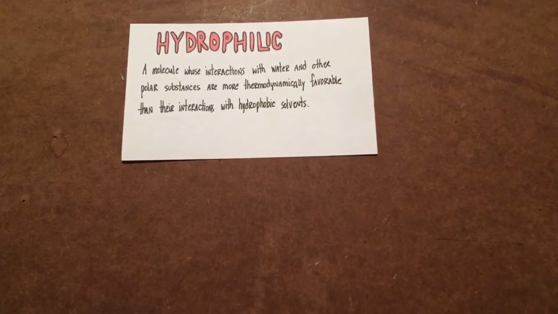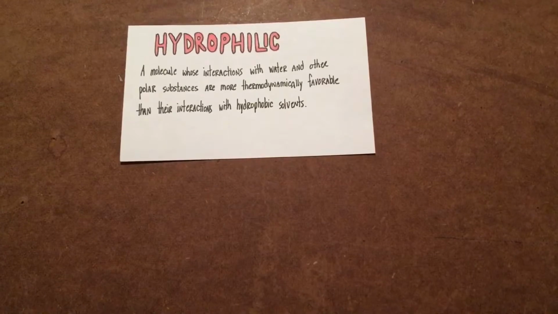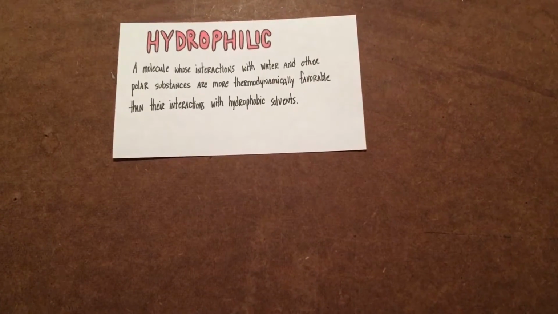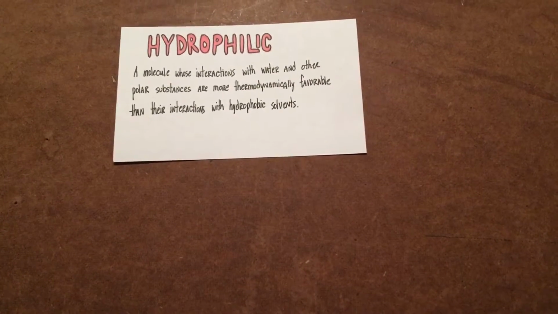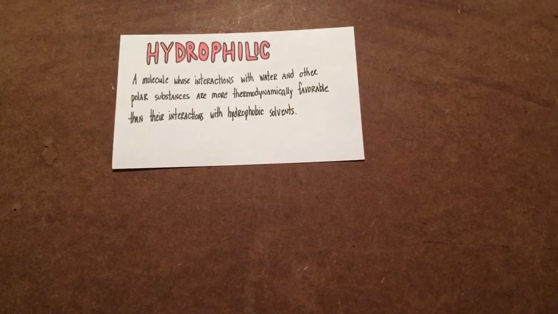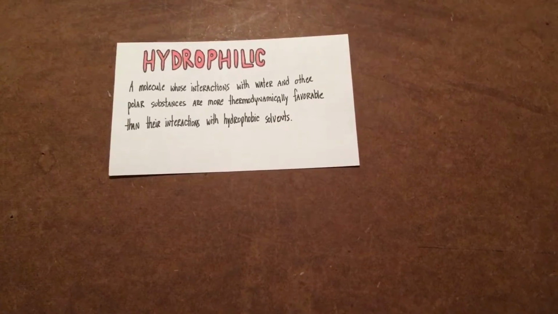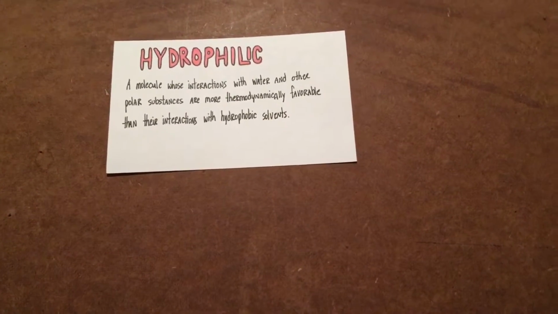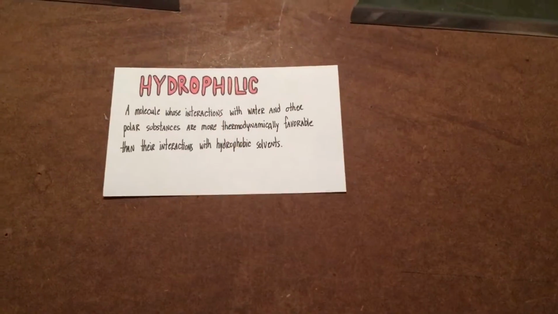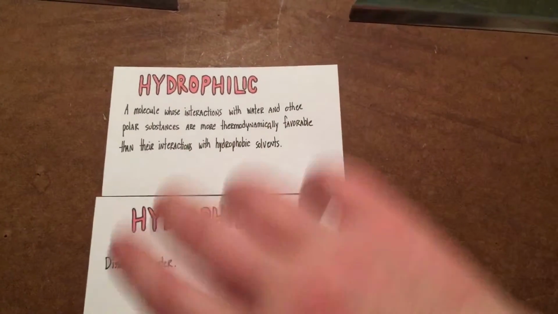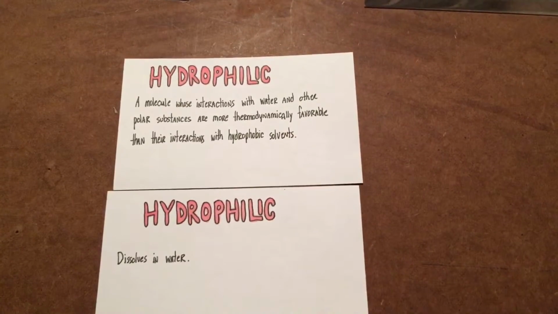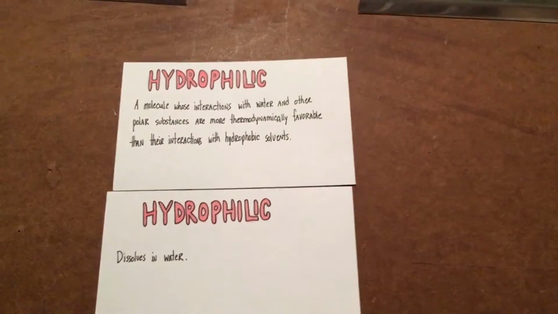Hydrophilic, instead of hydrophobic, is the opposite. Wikipedia says it's a molecule whose interactions with water and other polar substances are more thermodynamically favorable than their interactions with hydrophobic solvents. In other words, hydrophilic means something that dissolves in water. And neither of those definitions are bad.